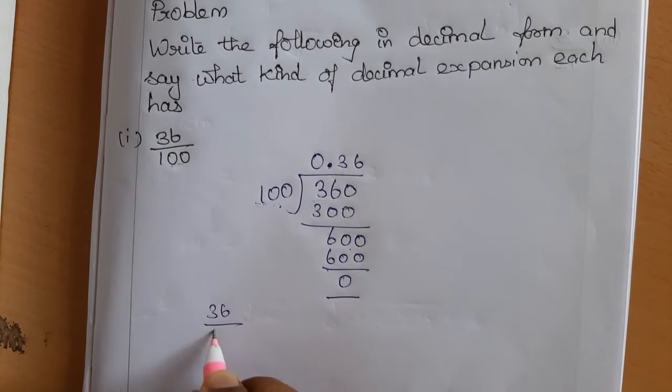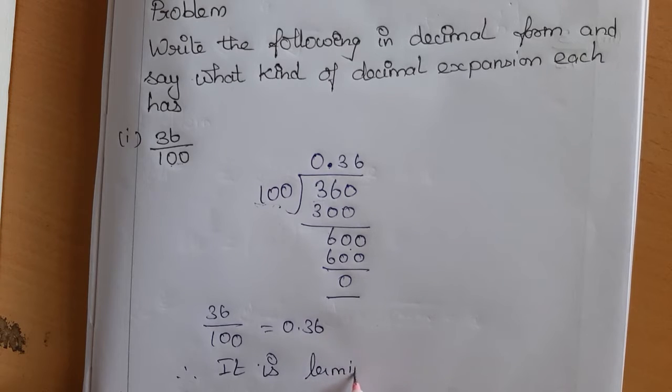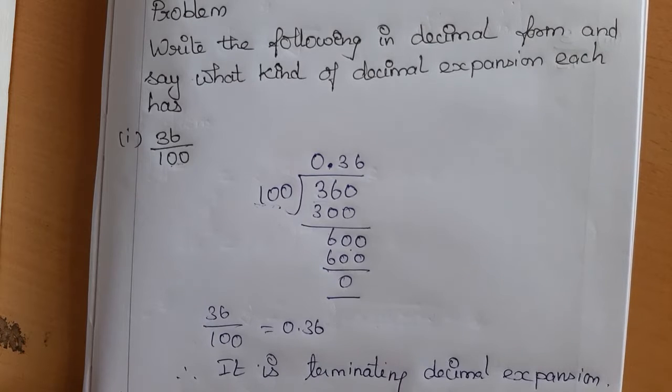So 36 by 100 is equal to 0.36. Therefore it is a terminating decimal expansion, right? So here we go for the next problem.